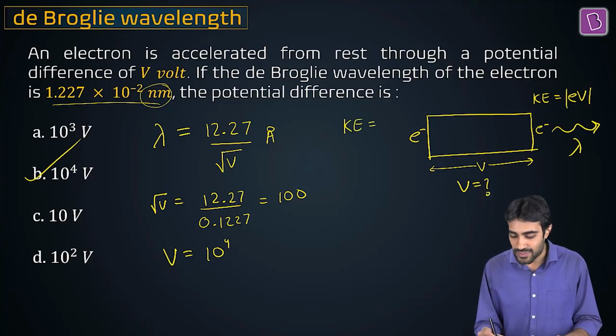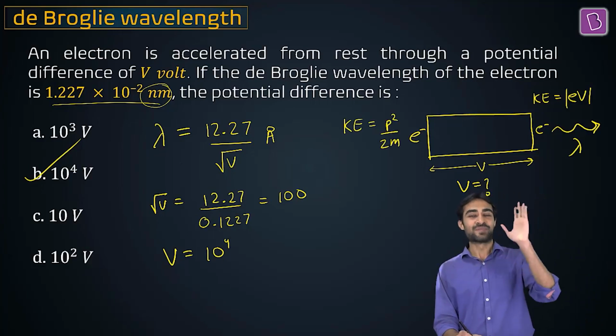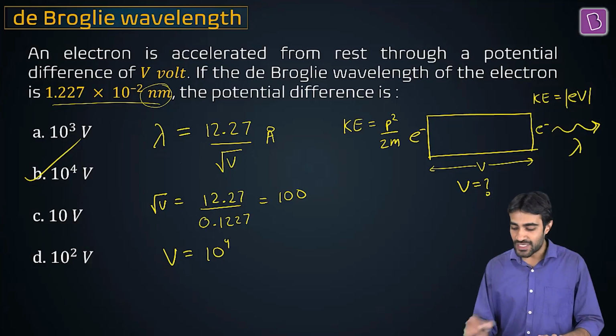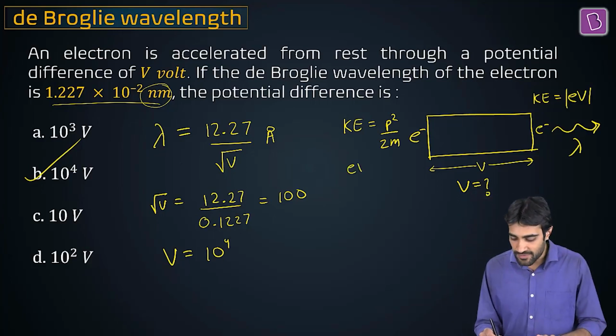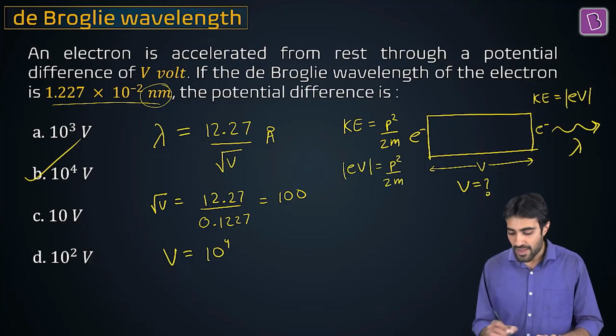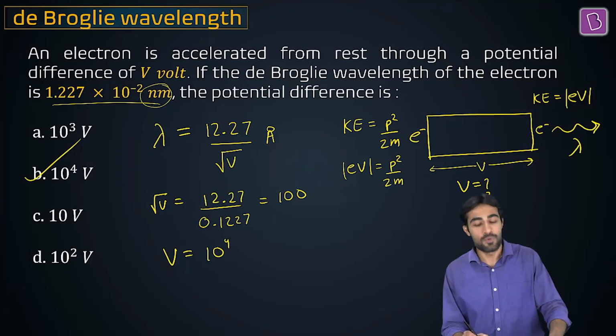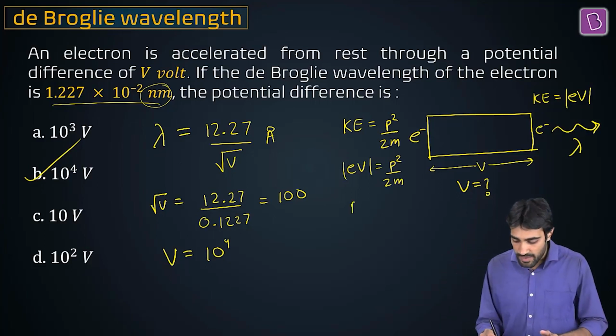Kinetic energy is equal to p squared by 2m. So we know what the kinetic energy is. It is eV. So we can say eV is equal to p squared by 2m. From this we can calculate the momentum, and you can say momentum is equal to under root 2meV.